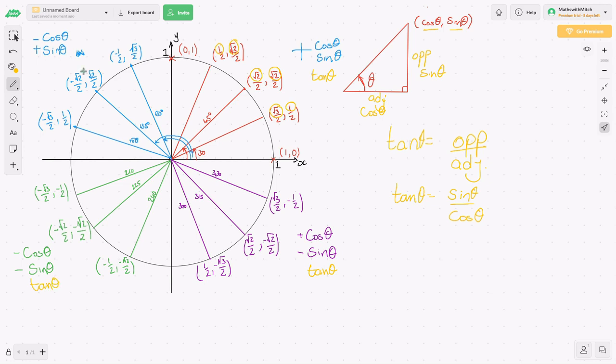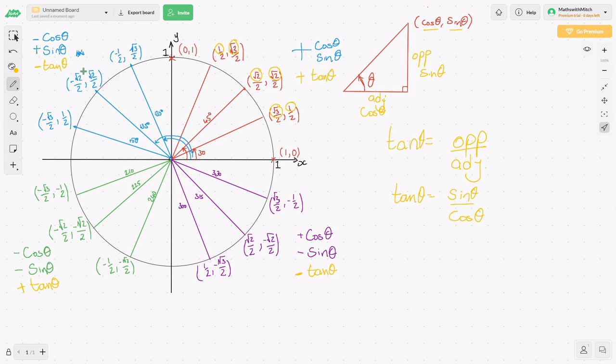So remembering our positives and negatives and how they work in division, we can say a positive over a positive, so we know tan is going to be positive. We have a positive for sine divided by a negative, so that's going to give a negative tan. We have a negative and a negative, so they will make a positive, and a positive and a negative here, so we'll end up with a negative tan.